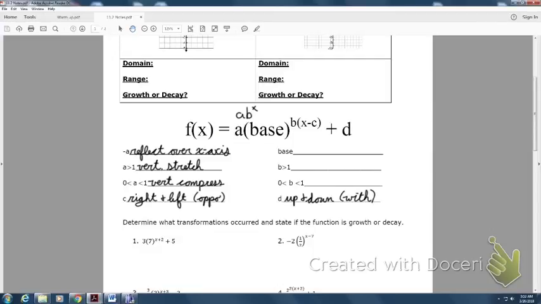So we just wanted to separate those so that you know there's a base and then there's that b value that can be up in the exponent. The base is just your growth or decay factor, depending on whether or not it is greater than 1 or between 0 and 1.